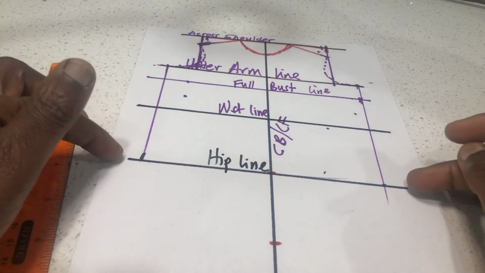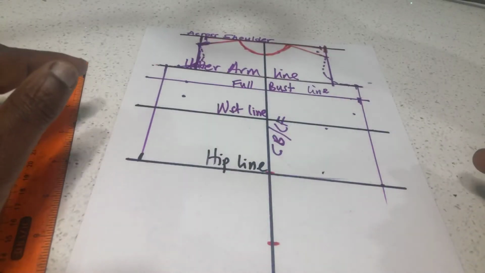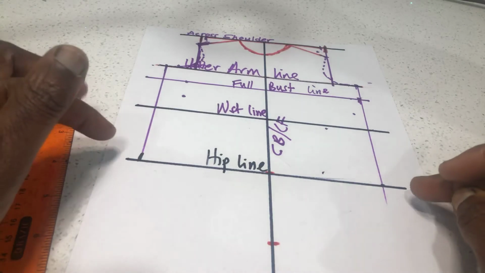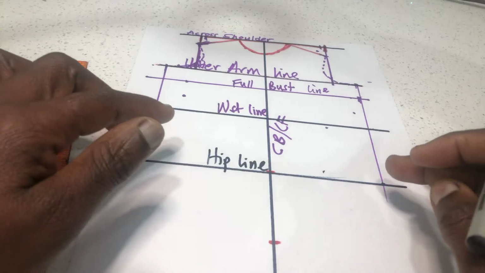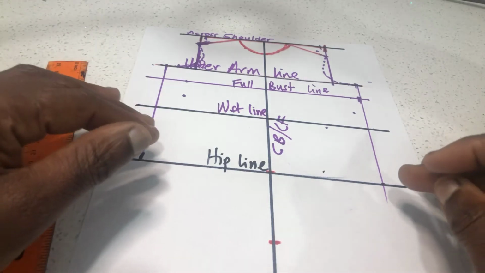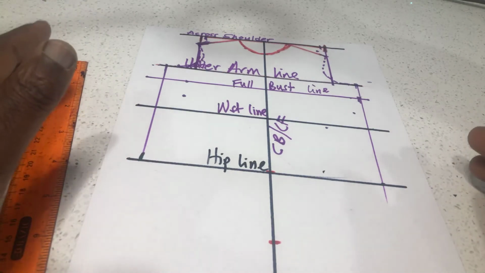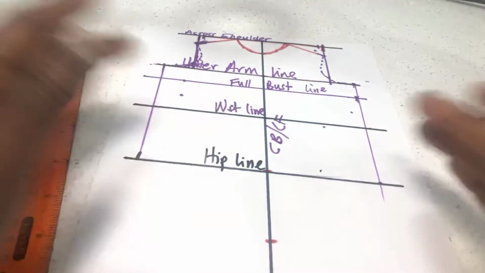The hip line circumference tends to be generally the widest part of the torso. I'll say that again. In most cases, not all cases, if you're making a garment for a pretty shapely person, the hip tends to be the widest part of the whole torso.